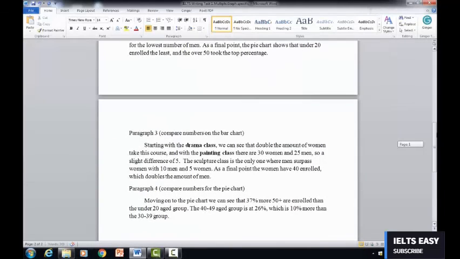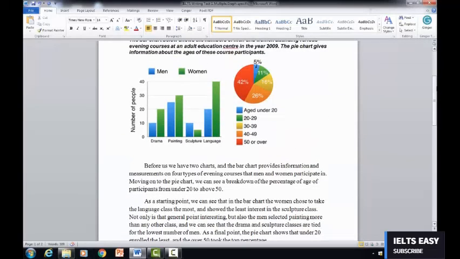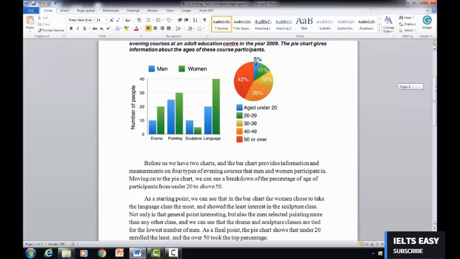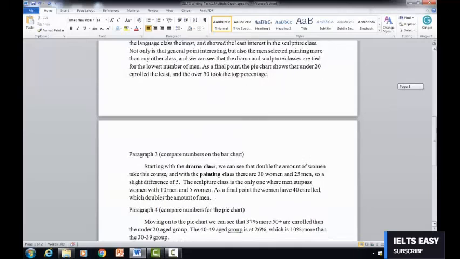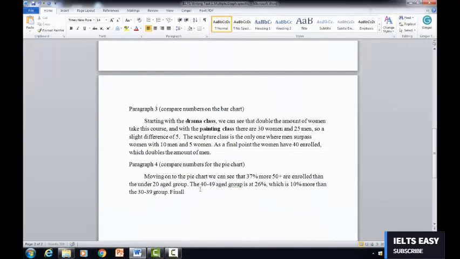You see we're making comparisons of the numbers. 40 to 49 is at 26%, 30 to 39 is at 16%. Finally, our 20 to 29 age group sits right at 11%, very close to the bottom.